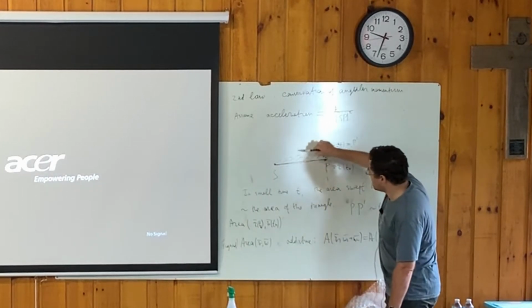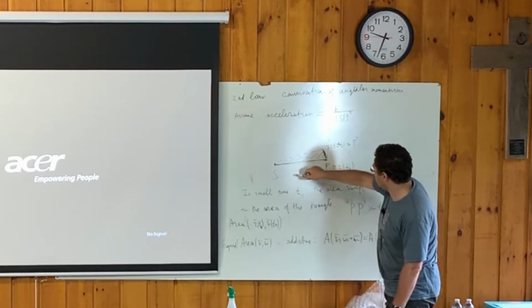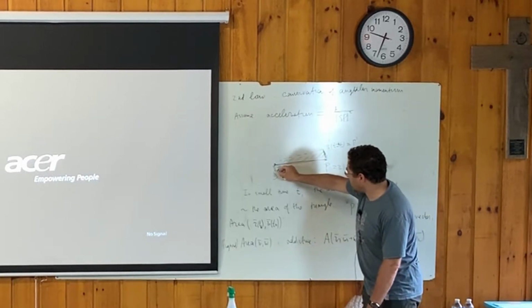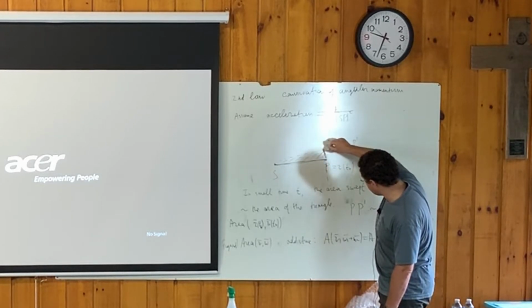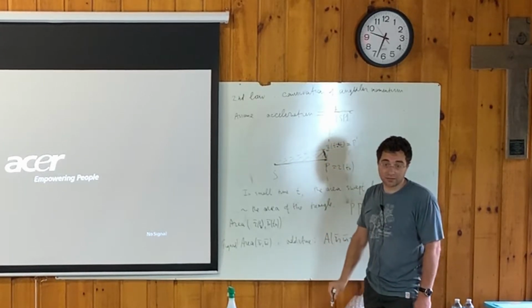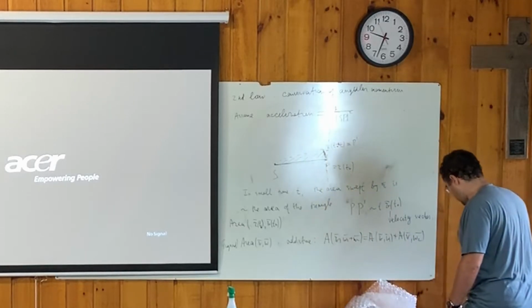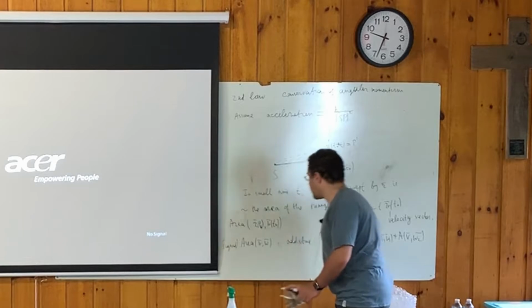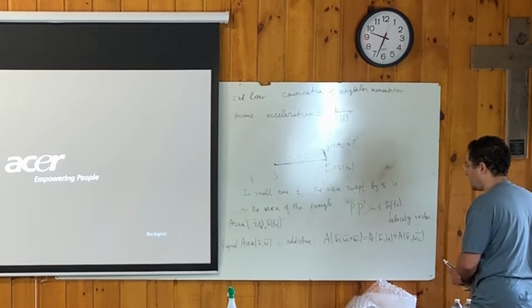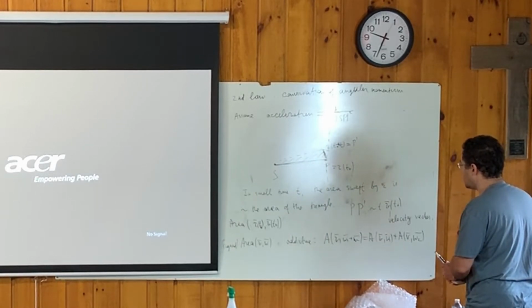If you remember the formula for the area of a triangle, it's the product of the base by the height, and the height is a projection to the orthogonal, and it's clearly additive. Okay, that's nice. And now, how am I going to use it?